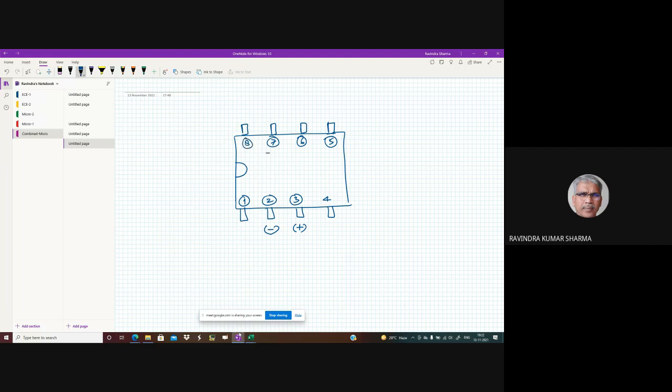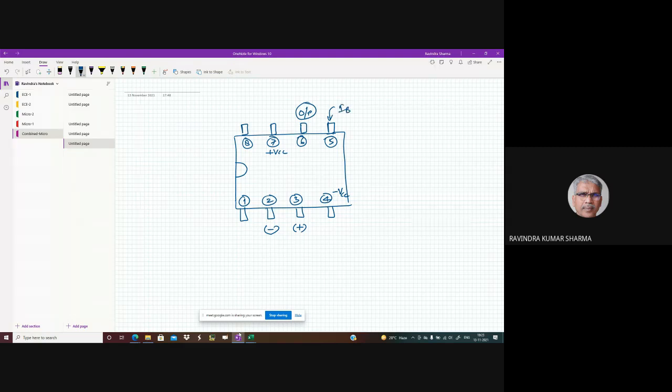So 7 is plus VCC, 4 is minus VCC, and 6 will be output. 6 is output. 5 is for injecting bias current. This is where bias current is injected.